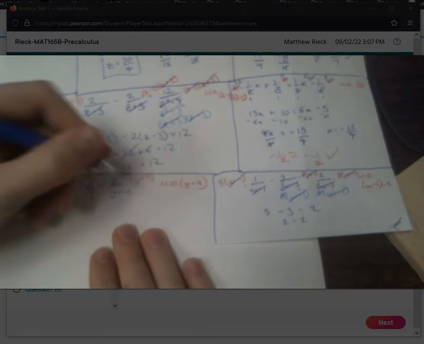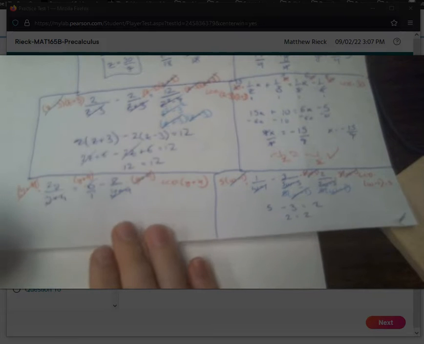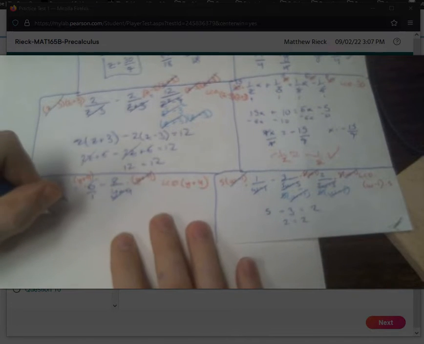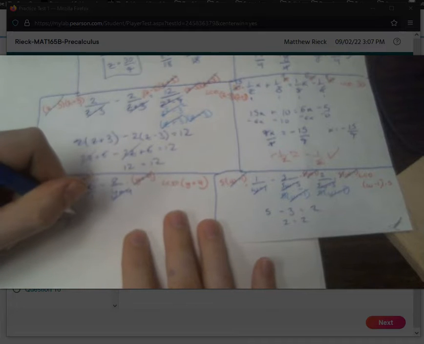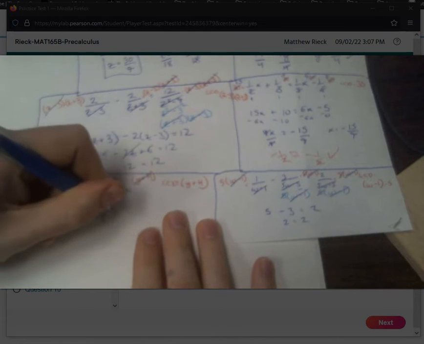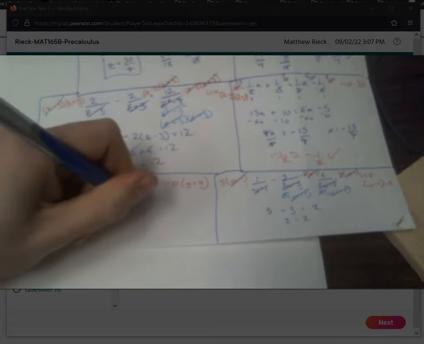So there the y plus 4's will cancel. Here the y plus 4's will cancel. So we have 2y equals 6y plus 24 minus 8.